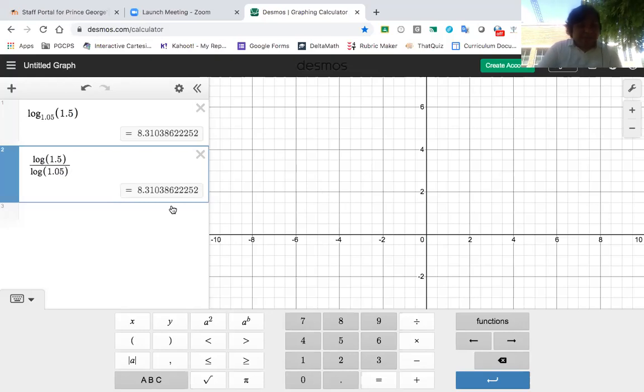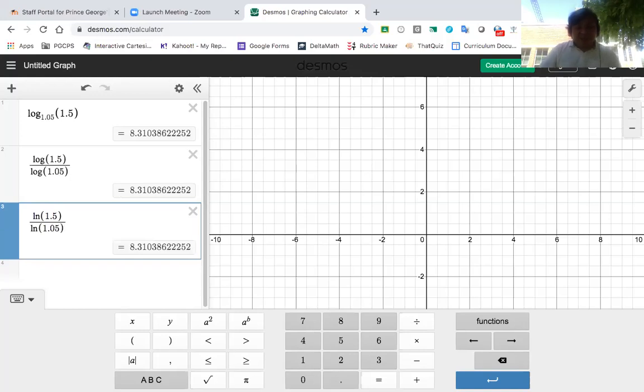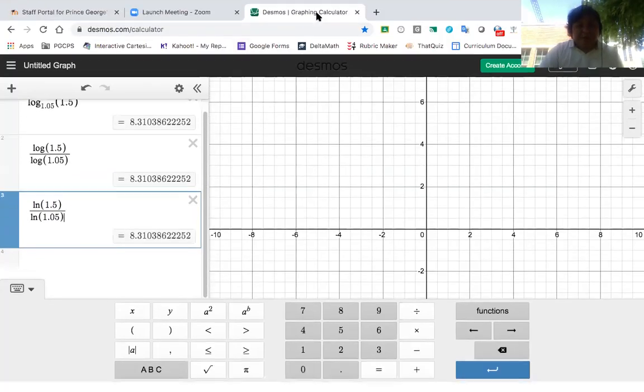All right. To show further, we'll show that it also works for natural logarithm. So natural logarithm of the original power, divided by natural logarithm of the original base. All right, see, all three lead to 8.31. And that should be the answer for the problem.